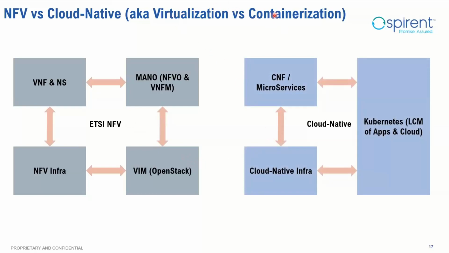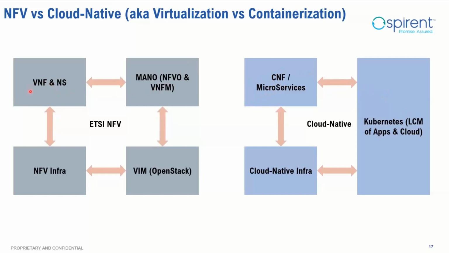virtualization versus containerization. You could relate to the same architecture, but these controllers, the orchestrator, NFVO, VNF manager, and the VIM is now Kubernetes. So Kubernetes is going to manage the cloud, and Kubernetes is also going to manage the application.